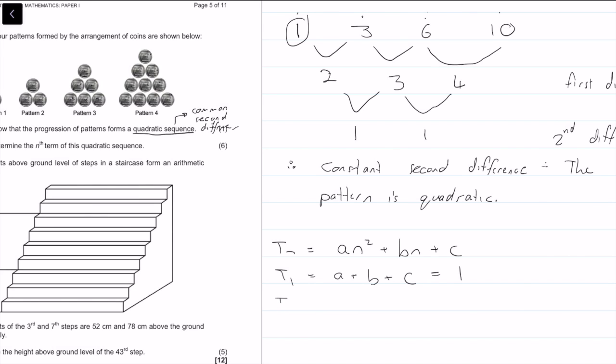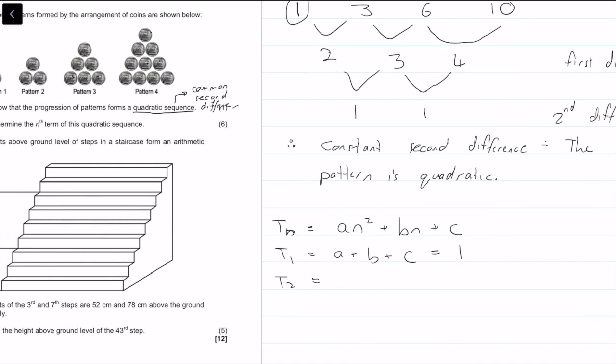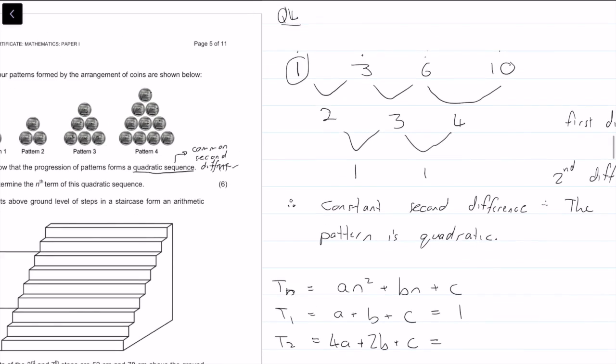Then T2, where we're going to replace n with 2, so we get a times 2 squared, which is 4, so 4a plus 2b plus c is equal to this term right here: n equals 1, n equals 2, n equals 3, n equals 4.